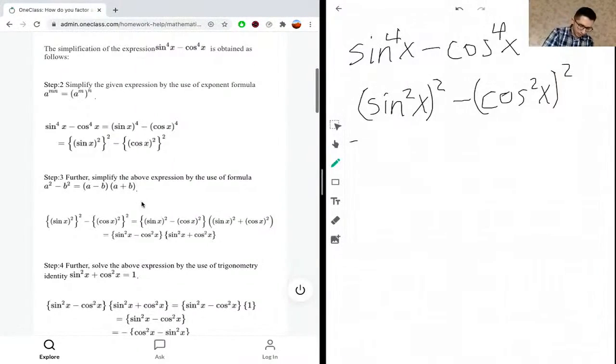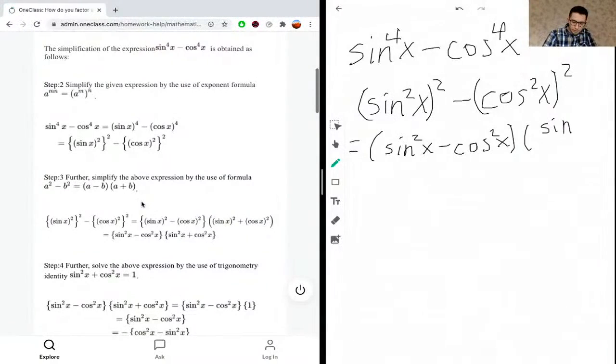Moving on, we would get the following: sine squared x minus cos squared x, times sine squared x plus cos squared x.